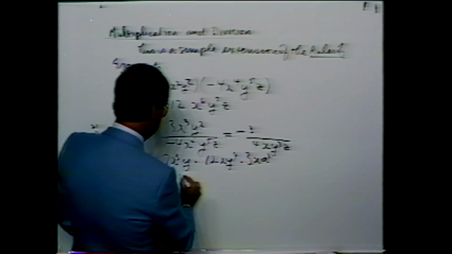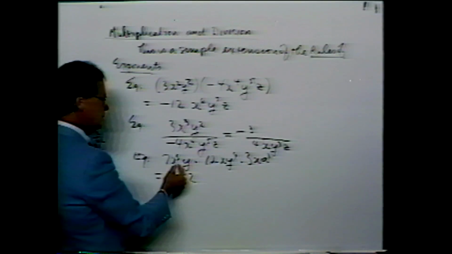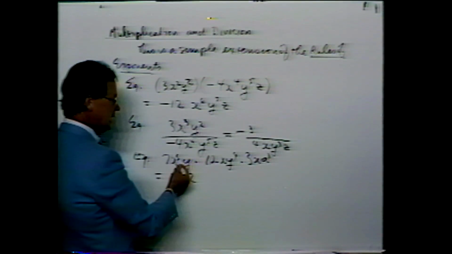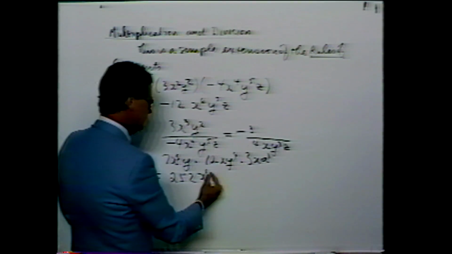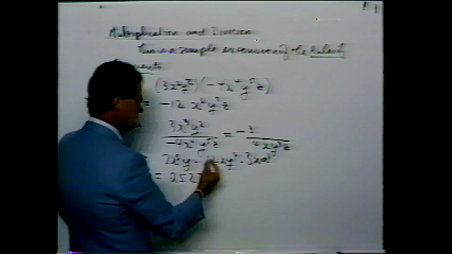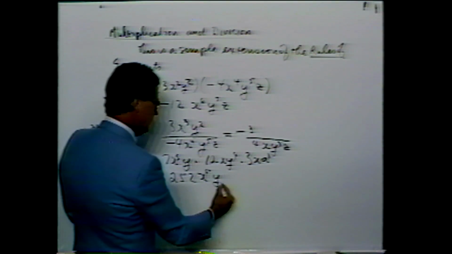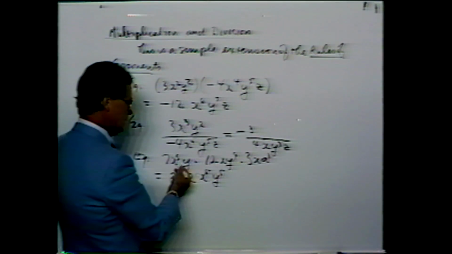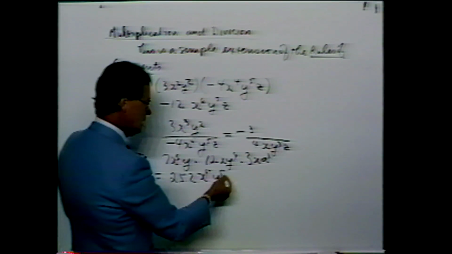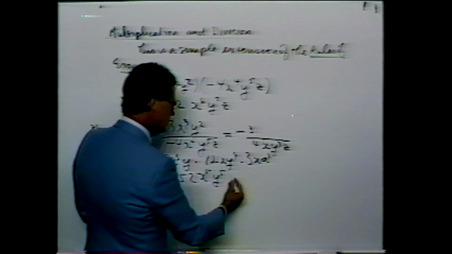Looking at the power with the base x, we have 3 plus 1 plus 1 is x to the 5th. Y to the 5th also. That takes care of the powers with base x's and y's, and we're left with a cubed.